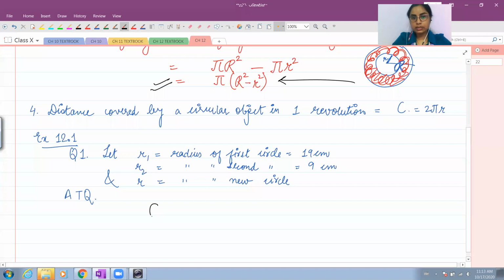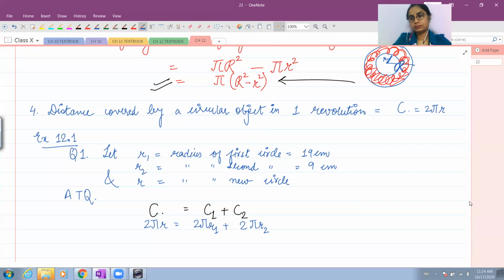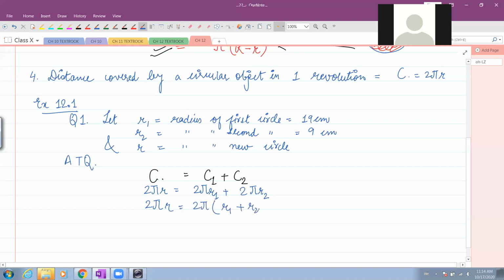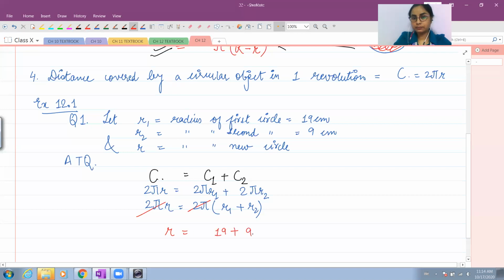According to the question, the circumference of the new circle is equal to the circumference of the first circle plus the circumference of the second circle. Use the formula and simplify. 2 pi gets cancelled. R comes out to be 28 centimeters.